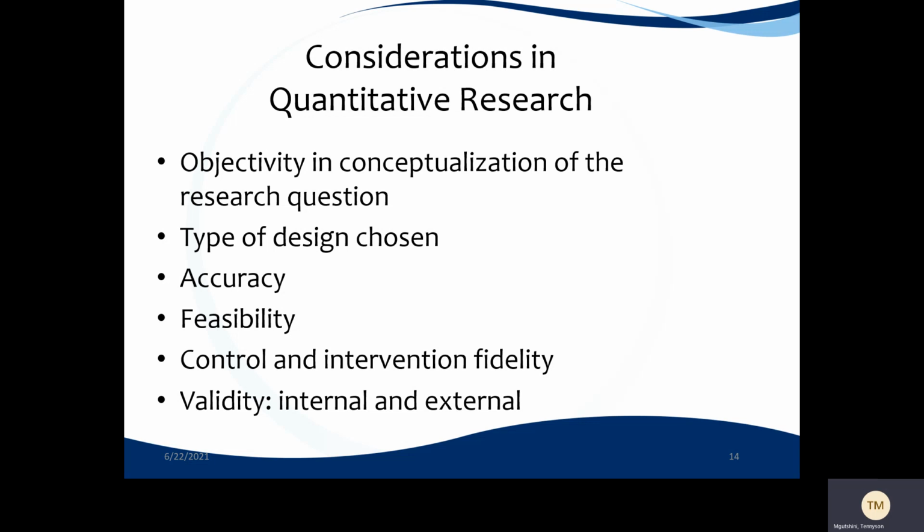Then there's an expectation that when you do quantitative research, you need to have a control. And in essence, a control is a sample that has the same characteristics as the one that you call your study sample.